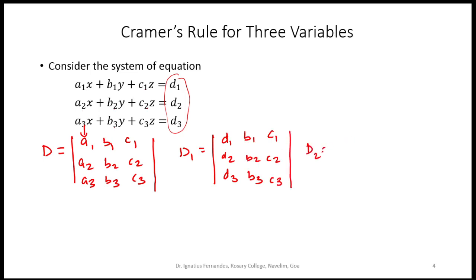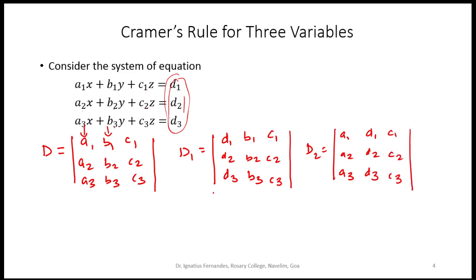The same way we write down d2. Now the second column will be replaced by the right side column. So a1, a2, a3 will be as it is, and now b1, b2, b3 will be replaced by d1, d2 and d3, and c1, c2 and c3 will be as it is.